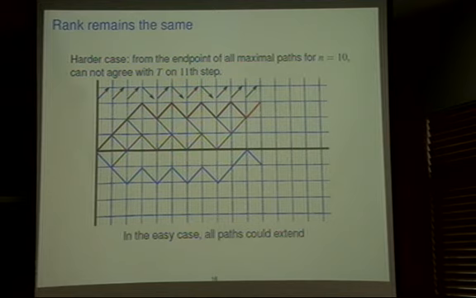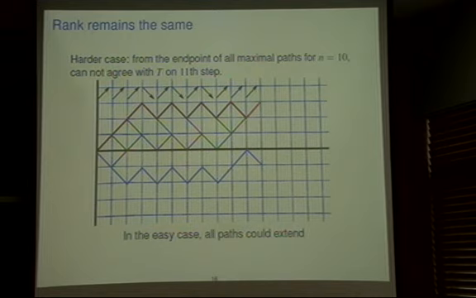Now we made a choice of how to extend by one step the red path and the blue path, and we made a choice for t. This is the easy step, I claim, because all you do is look at that unique point, remember, where all of the maximum paths had to end. They all had to end at the same place. And all you need to do is, from here, change all of these paths by declaring that they should all go up on the last step.